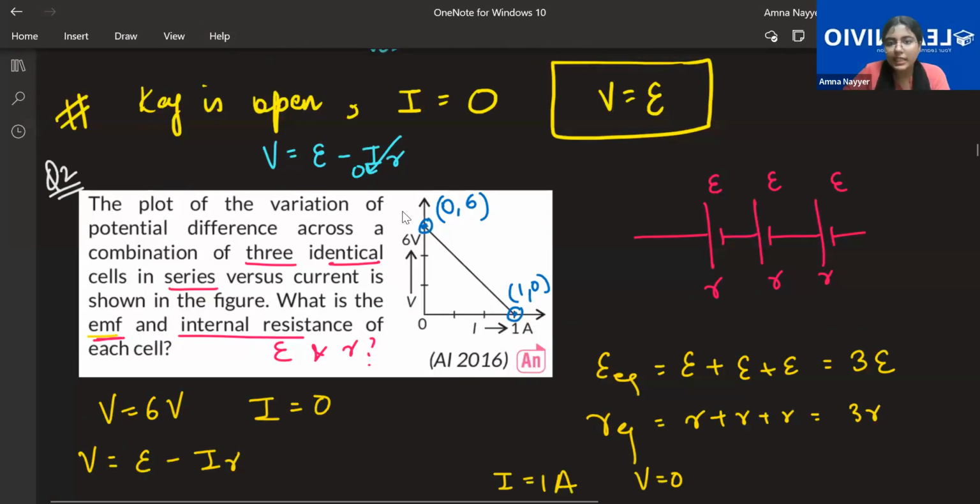This is the V versus I graph, y-axis, x-axis. The slope of this graph, that is tan theta, will give you the value of internal resistance. This is known as the y-intercept, where the graph is cutting the y-axis. So this whole part, 6 volt, becomes the y-intercept. In this case, it will be equal to EMF. That's it. This is what is needed.